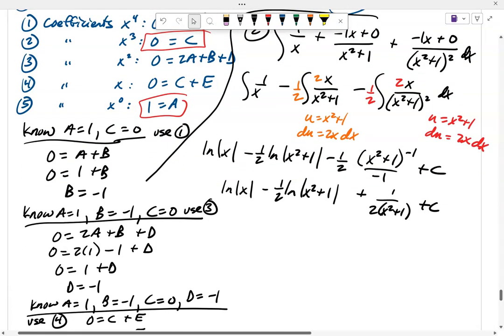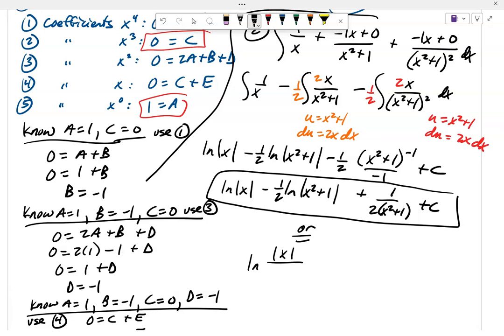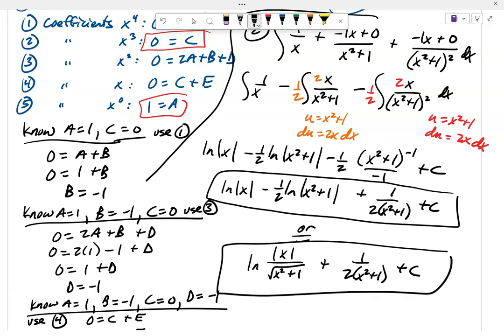You know, I'll go that a little bit further. Or if you want, that's always positive, so on that absolute value, it's to the 1/2. That's the same thing as well.